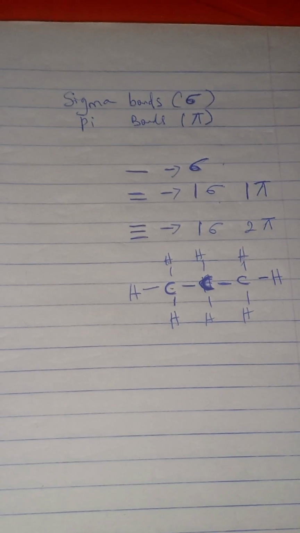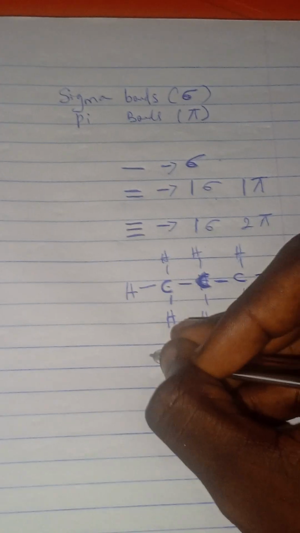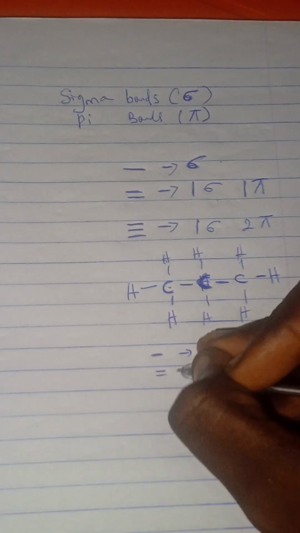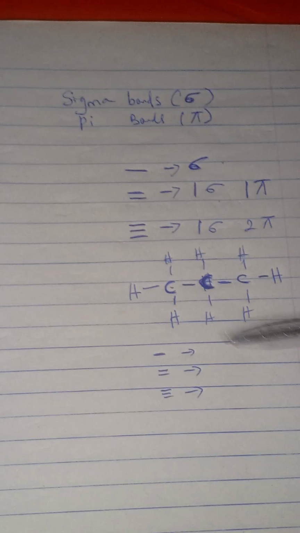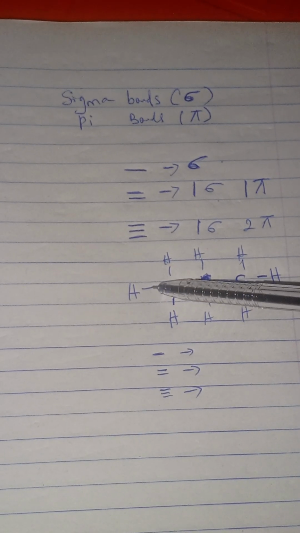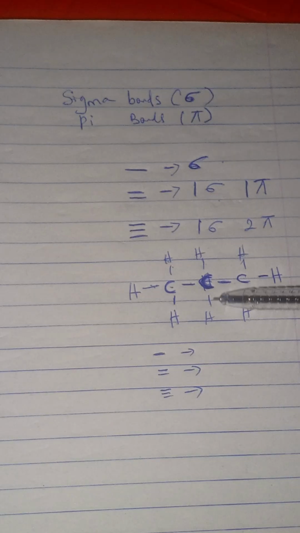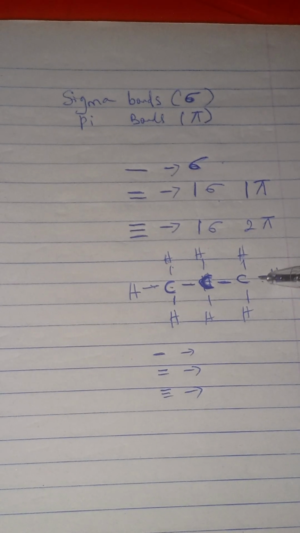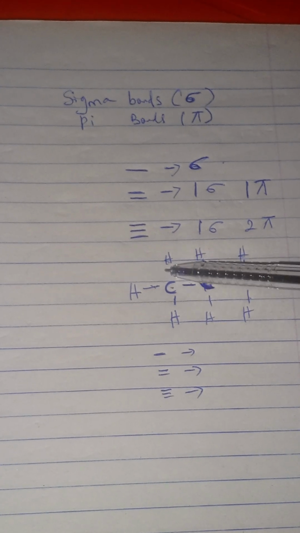How many single bonds are present? How many single bonds, how many double bonds, and how many triple bonds? So how many single bonds are present? Can you see it? 1, 2, 3, 4, 5, 6, 7, 8, 9, 10. Let me count again. 1, 2, 3, 4, 5, 6, 7, 8, 9, 10.